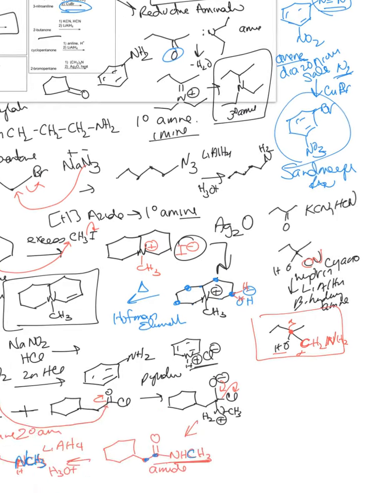Let's draw that product with the aniline. You're going to lose water and make the imine, and then you do reductive amination. You reduce it. So the next reagent you have to add is like sodium borohydride, or you can add lithium aluminum hydride and a little bit of acid to make that product.